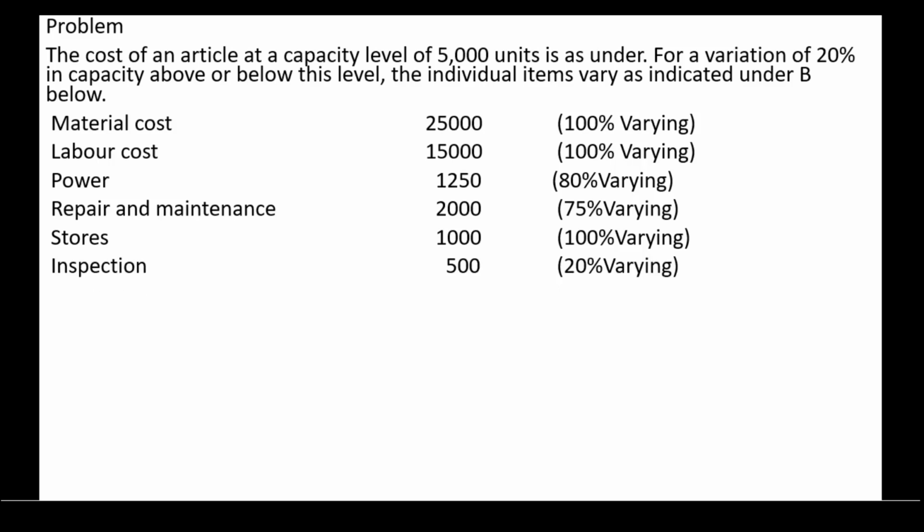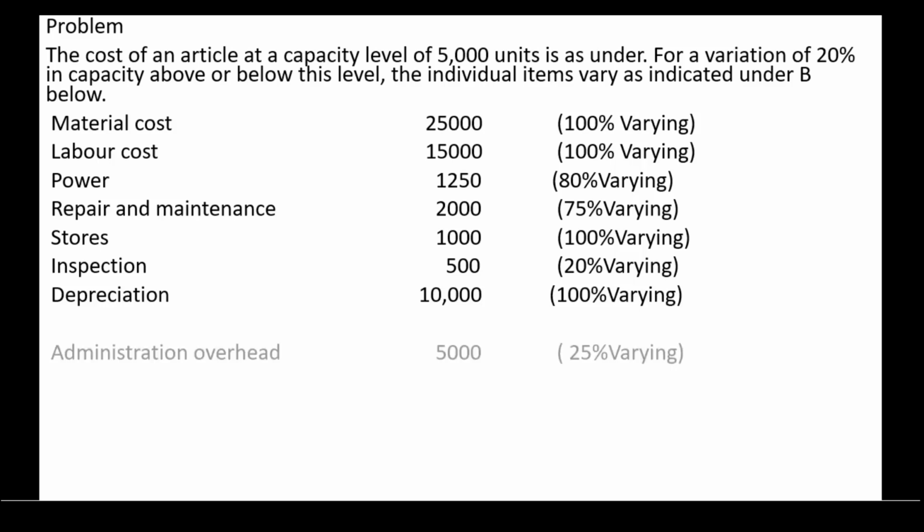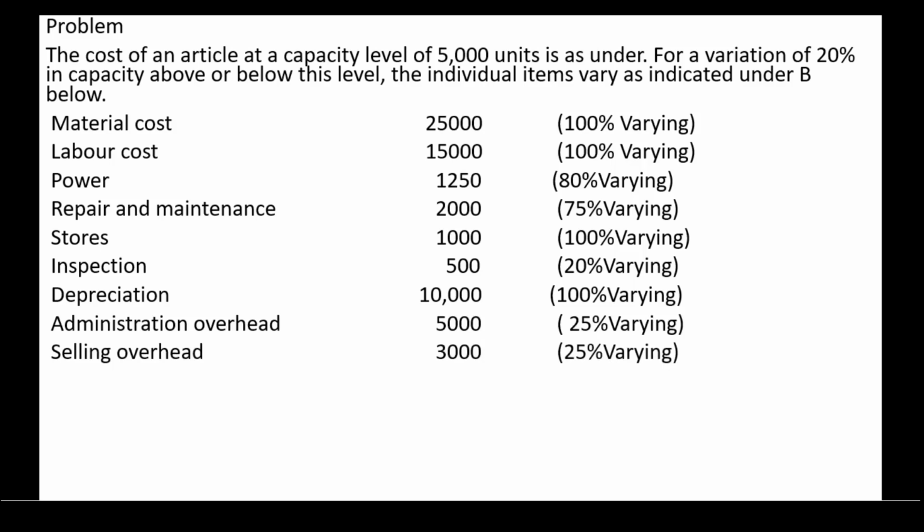Inspection 500, 20% varying. Depreciation 10,000, 100% varying. Administration overhead 5,000, 25% varying. Selling overhead 3,000, 25% varying.